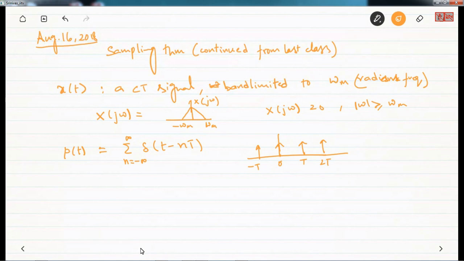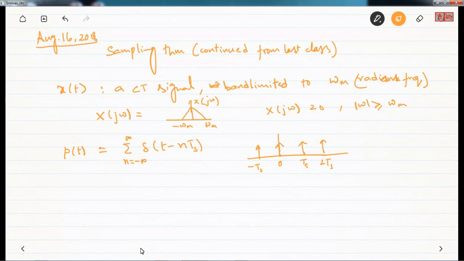As it corresponds to every T units, we can represent it as Ts, where S stands for sampling. In the last class, we discussed this period to be T, and in this class, we just changed the notation.